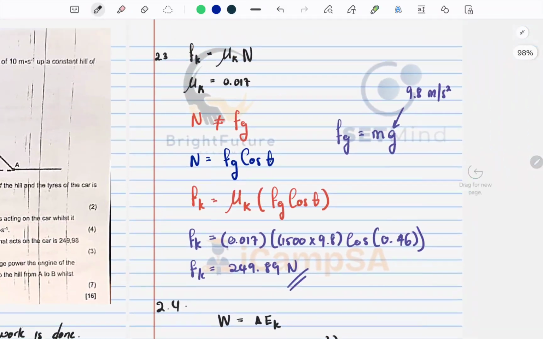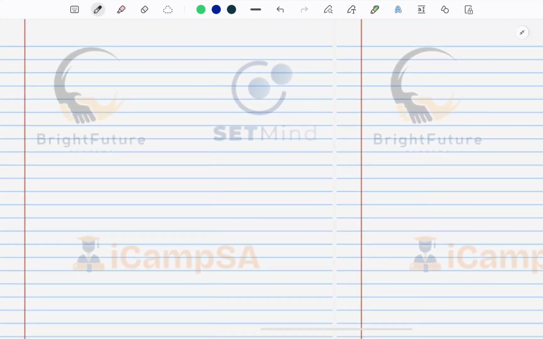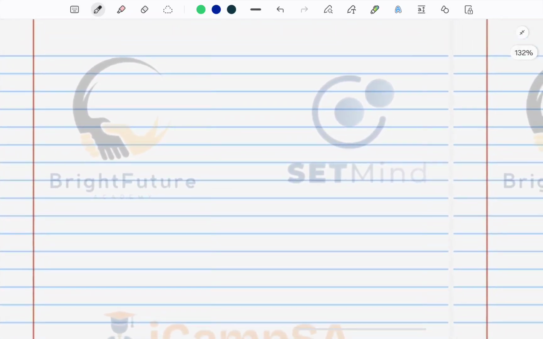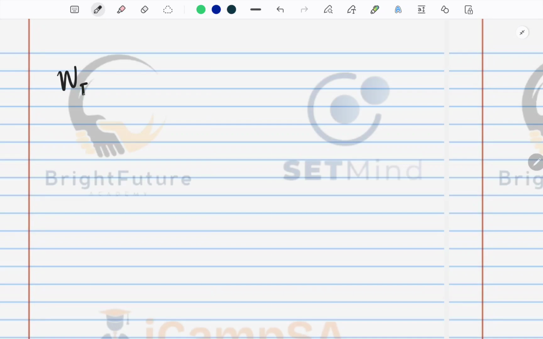This is what you have, but it doesn't end here. What you need to do then is consider the work done by each of these forces. In theory, we are going to say the work done by FA, which is the engine, plus the work done by your frictional force, plus the work done by your FG parallel, like all these other forces, right?